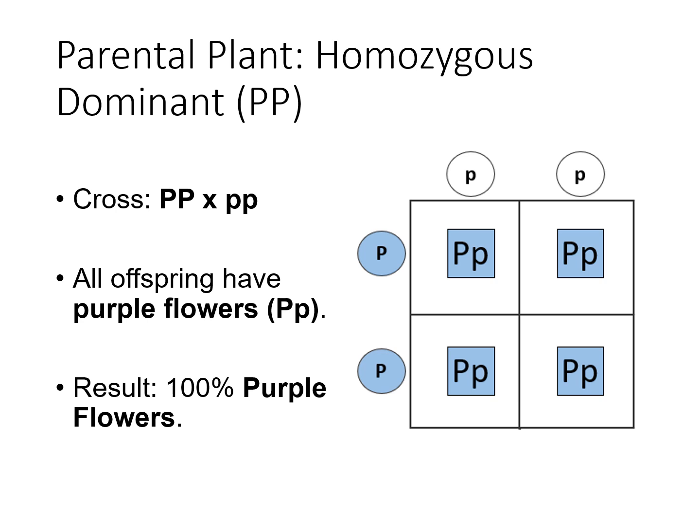This outcome, where 100% of the offspring have purple flowers, tells us that the purple parent is most likely homozygous dominant. Why suggestive and not certain? Because we're dealing with probabilities, not guarantees, especially when sample sizes are small.